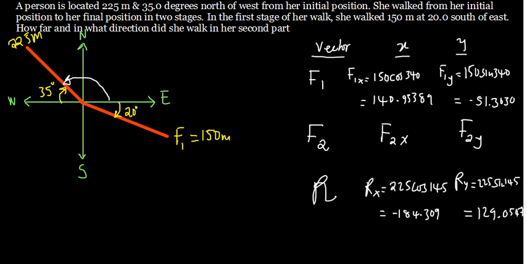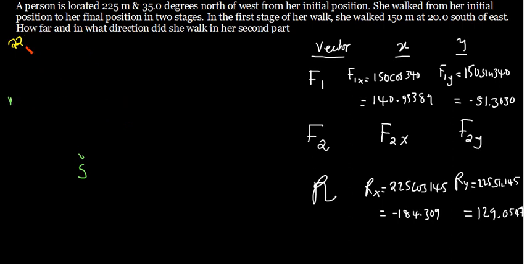Now I can remove what I have here so that I use the part. From what we have, when we add F1 and F2, we should get R. In other words, F1 in the x plus F2 in the x should give us Rx. So if I add this and this, I should get the resultant, which is this.